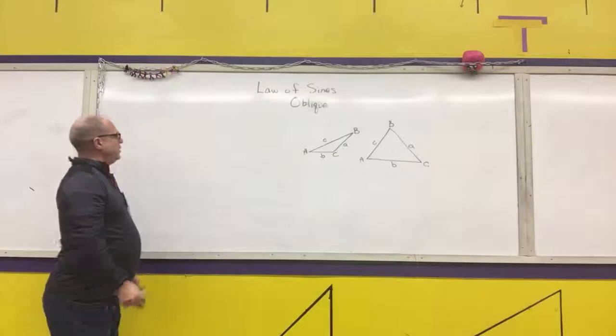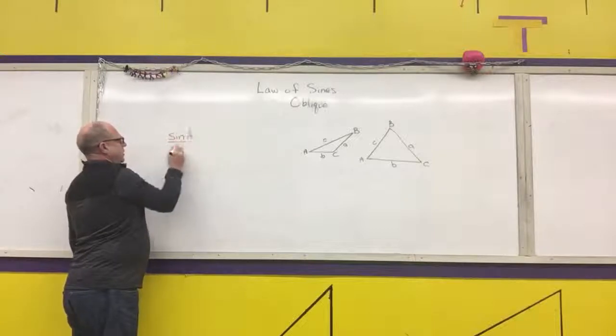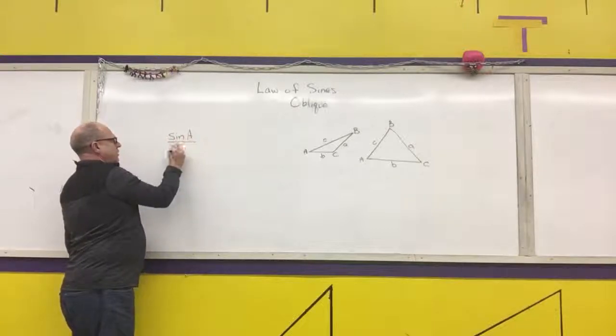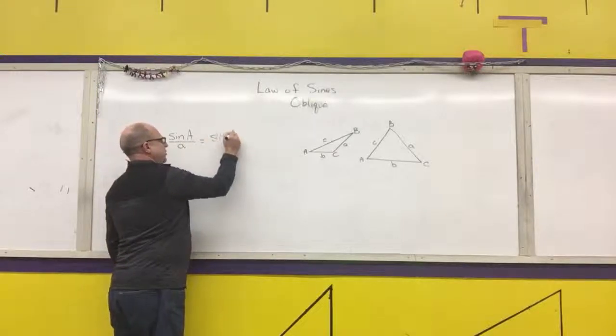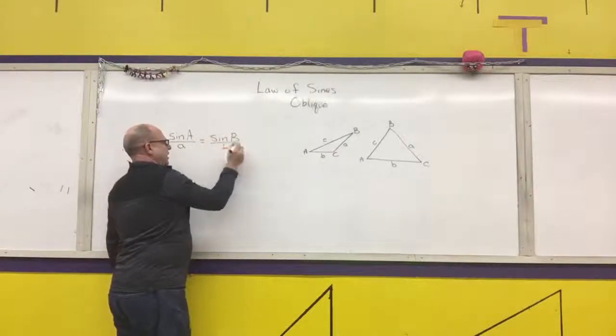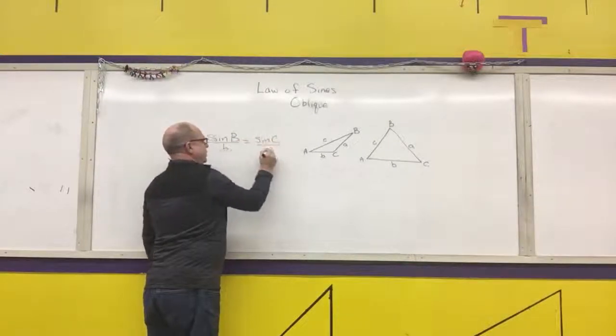And the law of sines has two forms, and it says that the sine of an angle compared to its opposite side has the same ratio for every side and angle pair in a triangle.